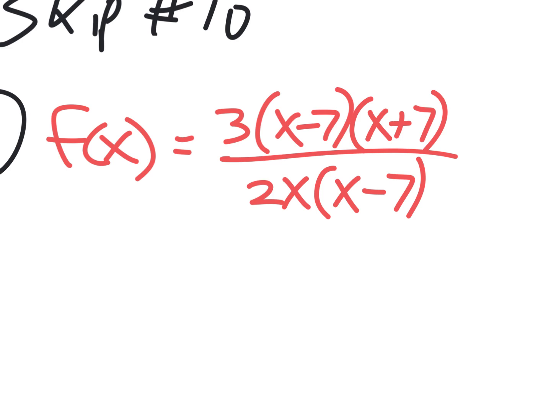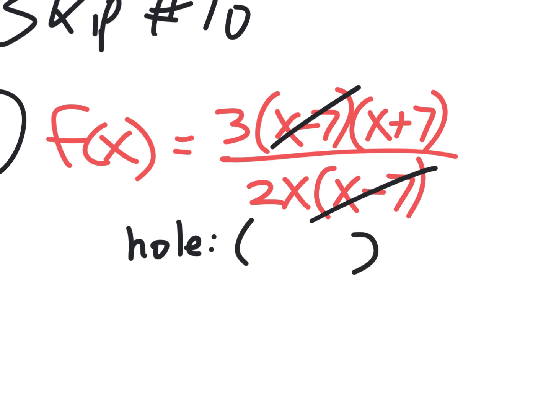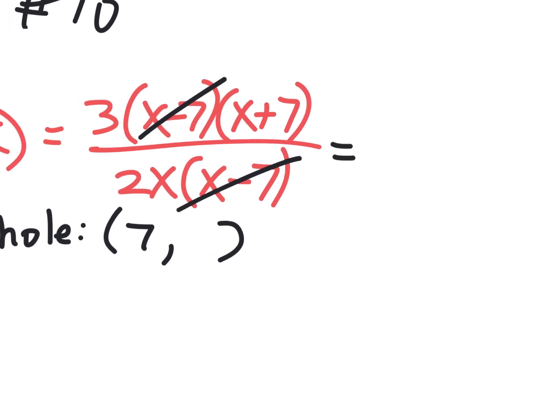Do you see what cancels? Read what cancels. That part. It makes a what? Hole. It makes a hole at 7 comma. Now, I'm assuming they asked about the hole. Did they? I figured they would. 7 comma what? Well, then I'm going to rewrite what my answer is just to clean it up.